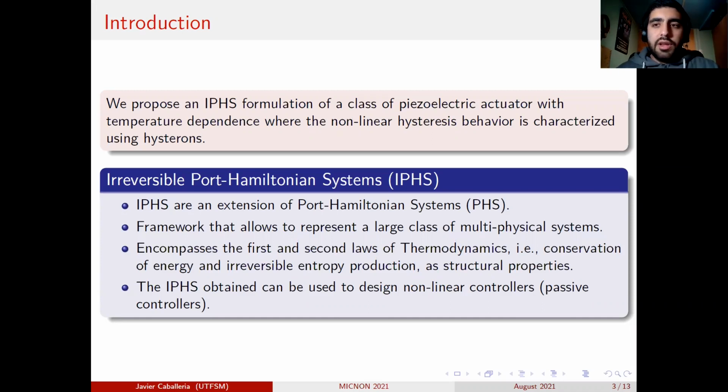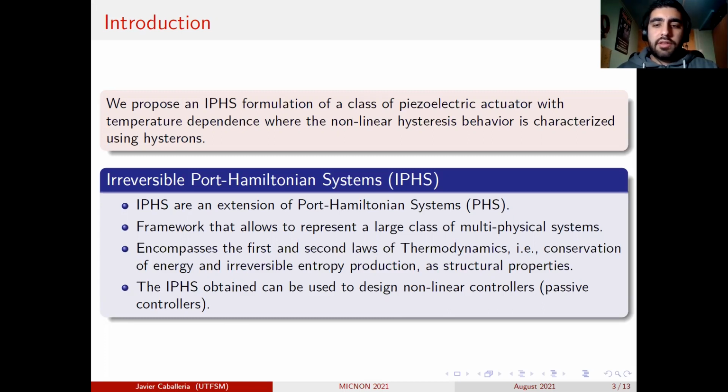So, what is an irreversible Port-Hamiltonian system, or IPHS? IPHS are an extension of Port-Hamiltonian systems. These are a framework that allows to represent a large class of multi-physical systems, and its main property is that it encompasses the first and second laws of thermodynamics as structural properties.